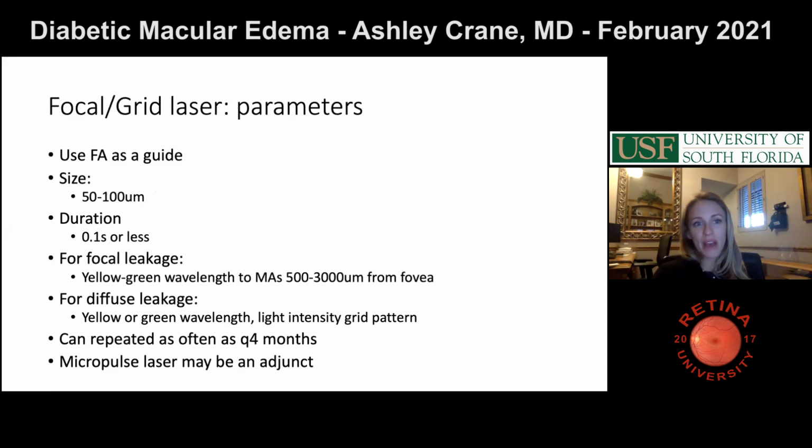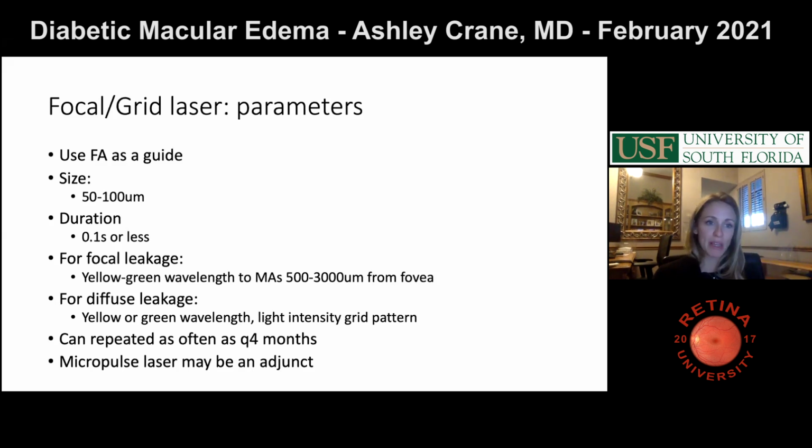Yeah, we do have a guide for the focal and grid laser parameters actually from your book. So yes, there are guides for that. First, you use the FA as a guide, especially if you're trying to hit particular MAs. Some people say that that's not helpful, but when I've done it, I certainly think that it's helpful.